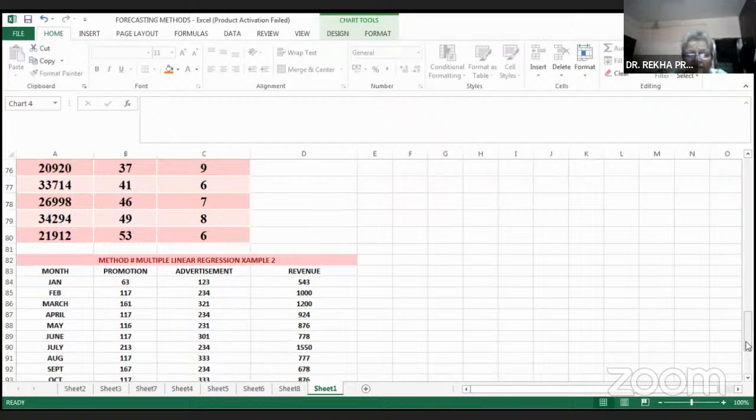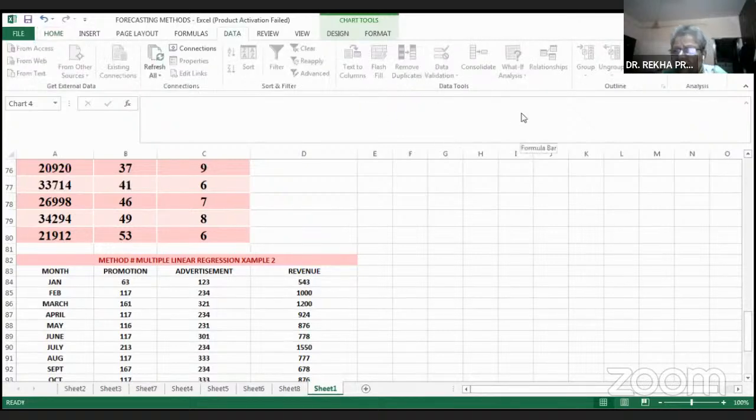Here we have to modify. You can see in data, you have to go to data analysis.